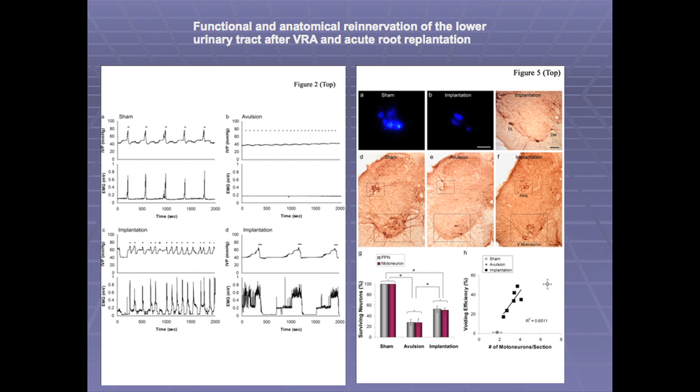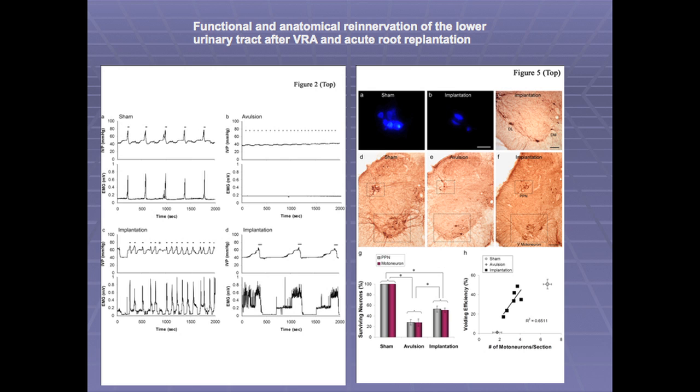But with our approach of surgically repairing the injured nerve roots and replanting them back into the spinal cord, we waited for about 3 months, 12 weeks, and we were very, very excited to see that the animals were showing recovery of reflex function.